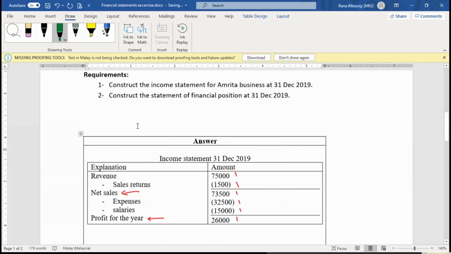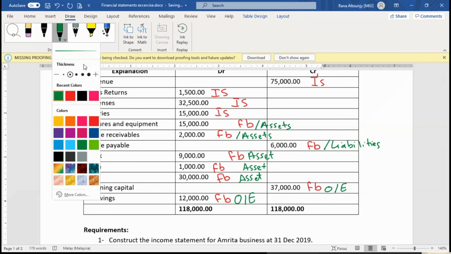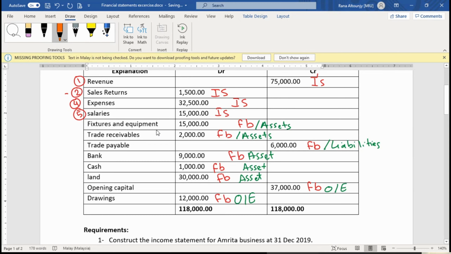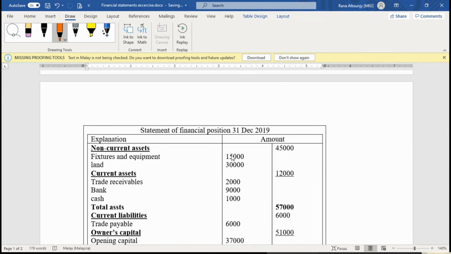In our statement here, the non-current assets are the fixtures and equipment and the land. Those we put under non-current assets, with the amounts 15K and 30K. The total of non-current assets is 45,000.